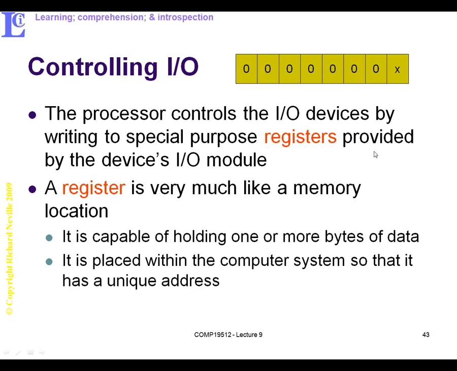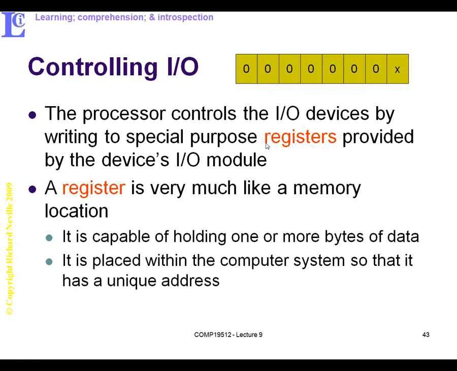So let's look at how we control a particular I/O device. The processor itself will access what's called a register in the I/O device. So this is an example of an 8-bit register. And this 8-bit register is exactly like a memory location in main memory.